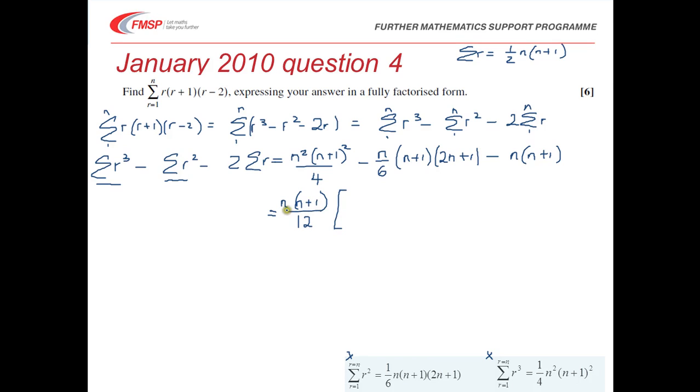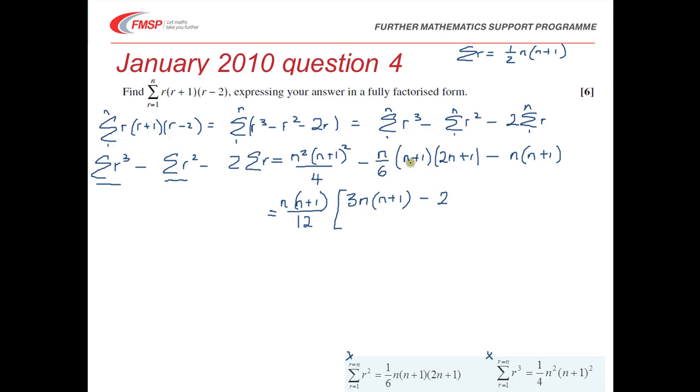So we've taken out a common factor of n(n + 1) over 12, so we still need an n and an n plus 1 for this first term. But we had a 4 in the denominator, and here we've got a 12, so we must put in a 3. Similarly, for the next term, we have n over 6, so here we had a 12, so we will need a 2.